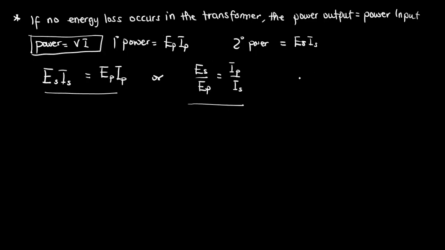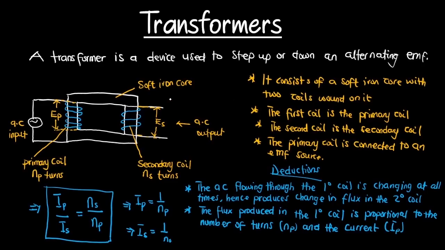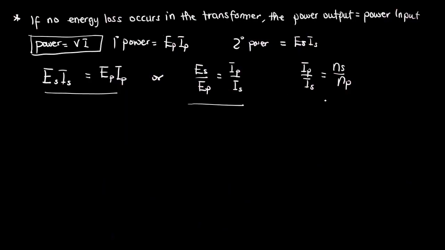Now remember, earlier on we also said that IP over IS is equal to NS over what? NP. That is what we looked at over here. So this expression is what I am quoting over here.